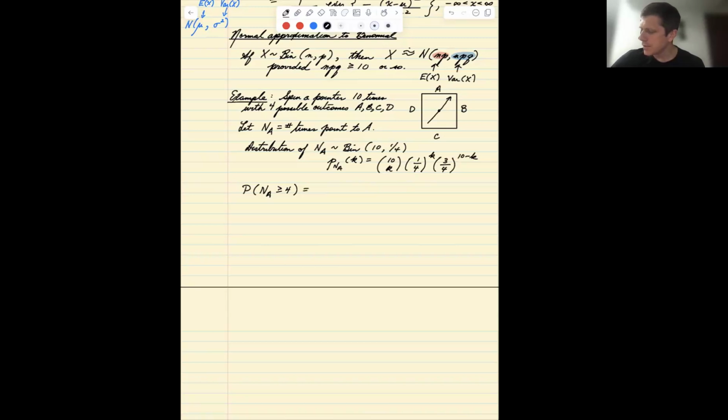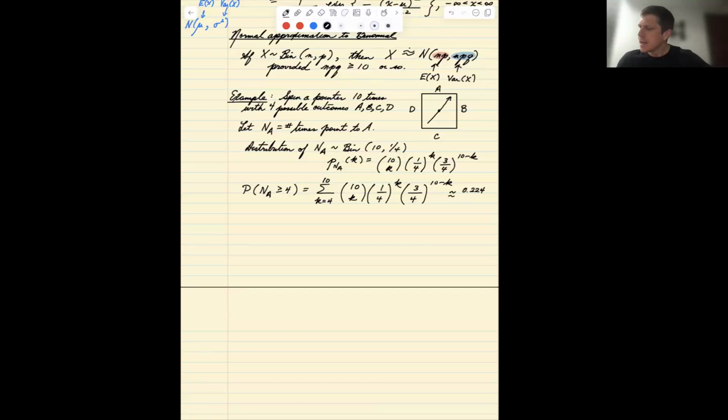So the probability that this random variable is bigger than or equal to 4 is the sum over all values of k bigger than or equal to 4 of that probability mass. Now, this is certainly not hard to do. These things can get very cumbersome, but in this case, there are only 7 terms in this sum. We could certainly do this ourselves, and if we do, we get that this value is about 0.224.